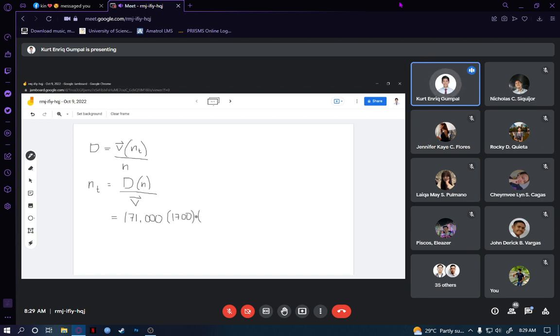Your 1,700 RPM, if you relate it to your 40 miles per hour, you have to eliminate per hour. Right? So you get to eliminate the miles because these are miles. Your 1,700 is in terms of RPM.